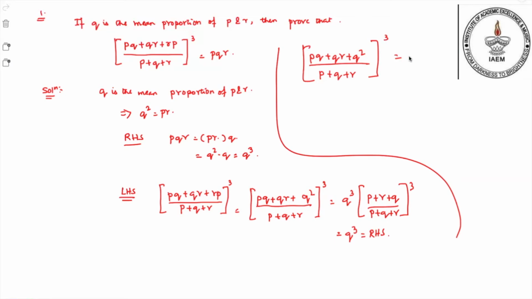So this can be written as Q into P plus Q plus R by P plus Q plus R whole cube. If I take Q cube outside, it will be Q cube by P plus Q plus R by P plus Q plus R whole cube, which is Q cube, equal to the RHS.